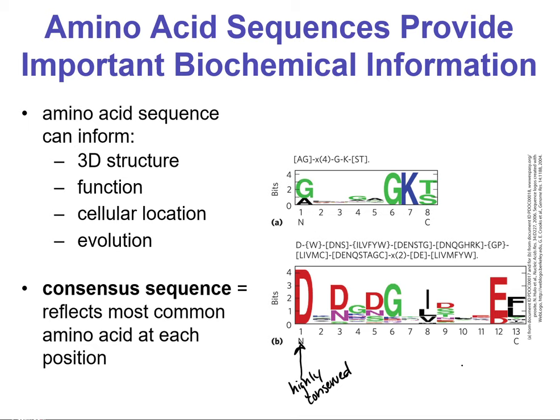However, there's some variation here. So there's some conservation, but not as much. It's variable there. So this is also called a consensus sequence. You're looking at the most common amino acid at each of these positions.